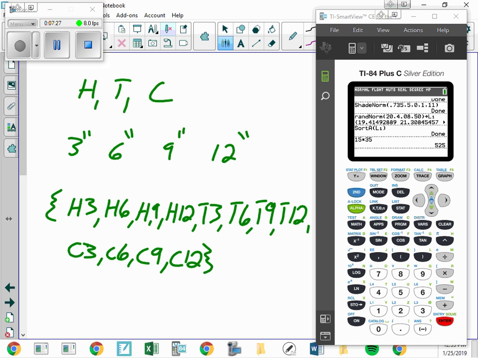Okay? So, and then 7 through 10, you're not writing them down, you're just counting them. Because eventually they're going to be so big, you don't want to do all the possibilities, right?